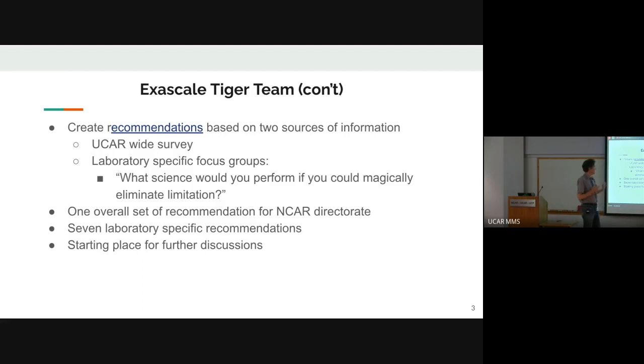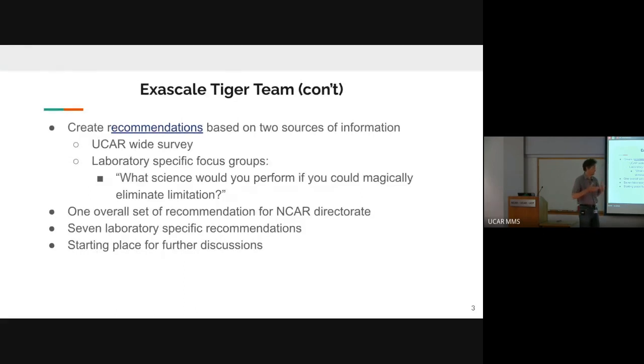We went around to each of the laboratories and we asked scientists, what science would you perform if you could magically eliminate limitations? This was cool because you got the scientists talking about what they're excited about and trying to get them to think outside the box. We didn't want them to say, well, CISL's never going to give me that allocation, so I can't think about that.